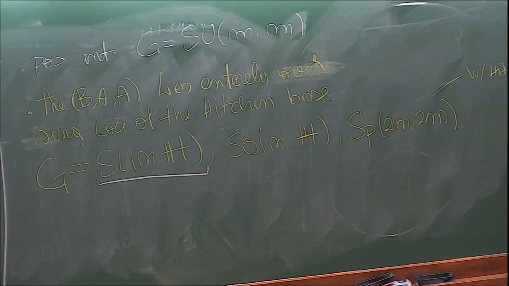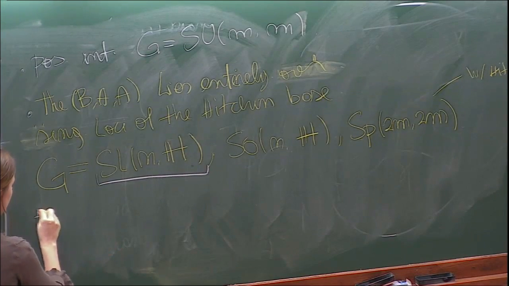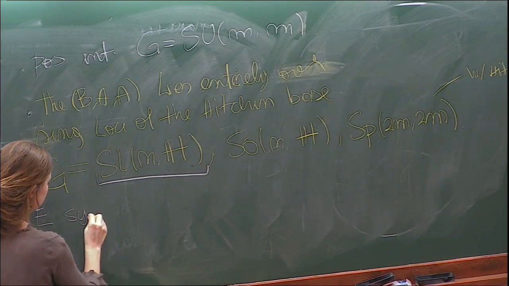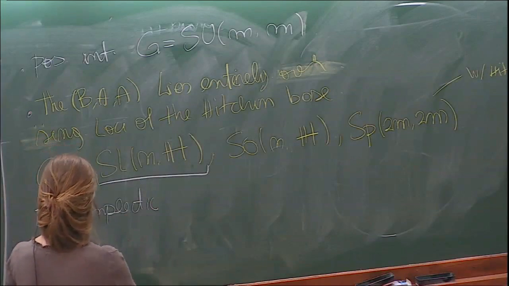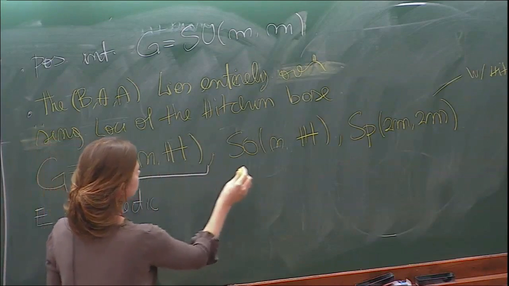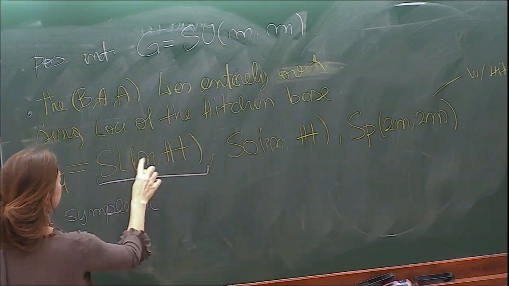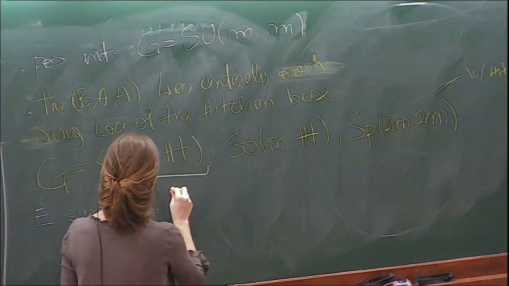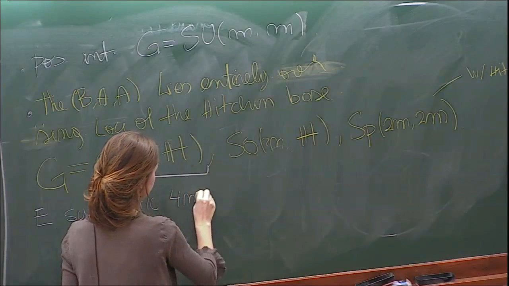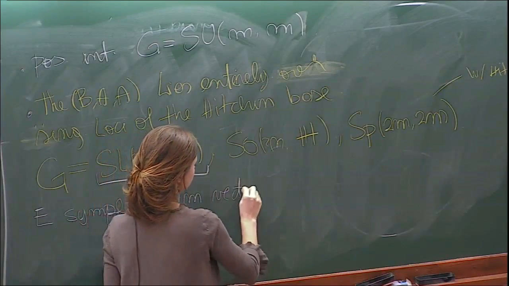And I'll tell you the structure of the Higgs pair, and maybe you can figure out from there what's going to happen. So the Higgs bundle here is E symplectic. I should put probably a 2 here, so I want them to be even. So, or not, depending on the notation. So it's going to be a symplectic 4M vector bundle.